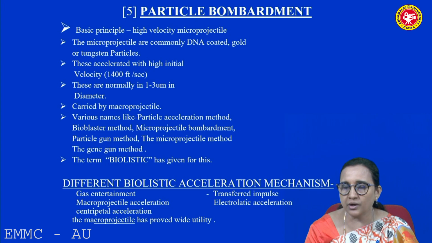That is why we call it the biolistic method, the shotgun method or the particle gun method. These particles are also called microprojectiles, so we also call it the microprojectile method.